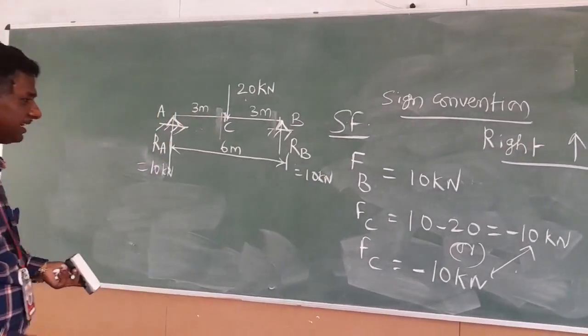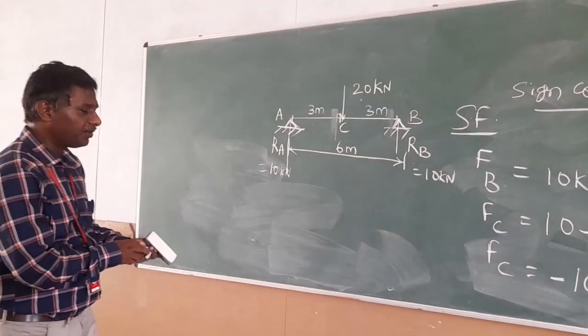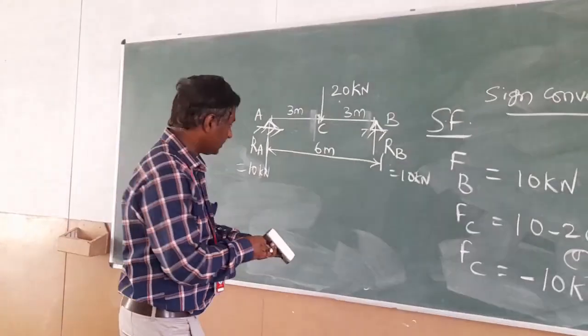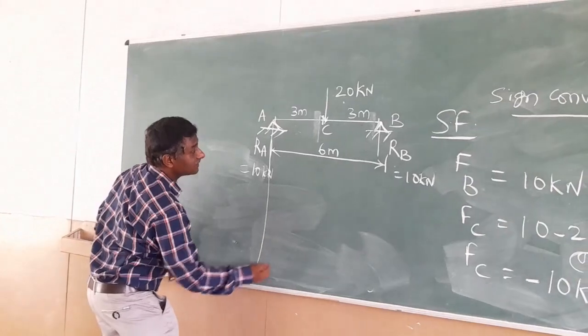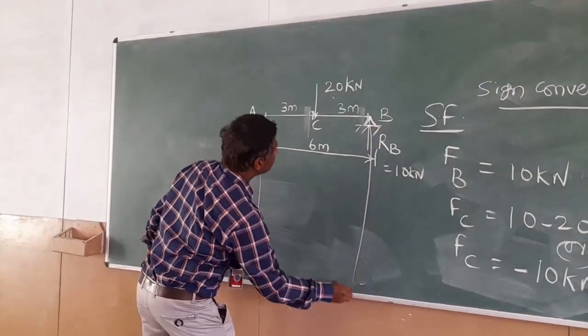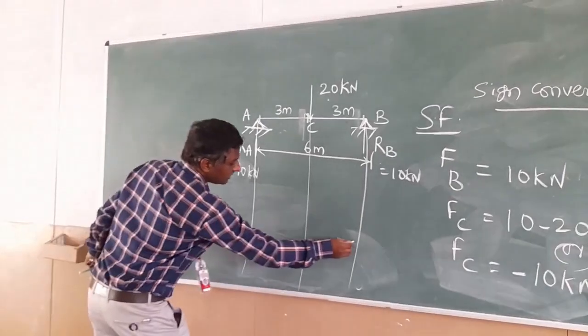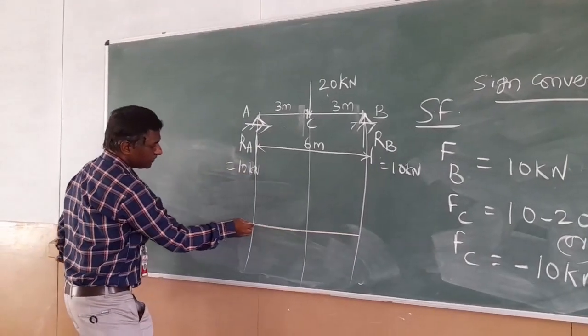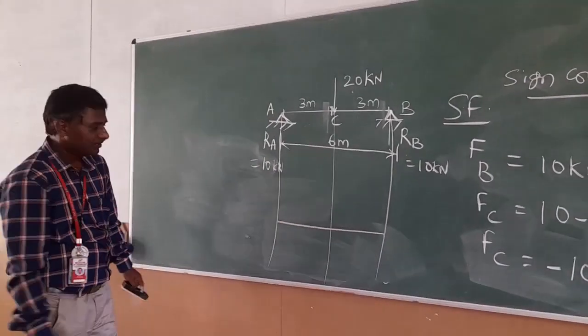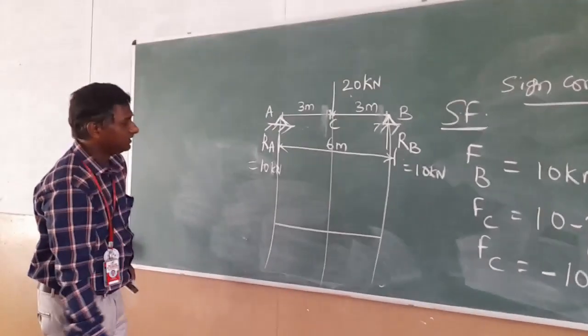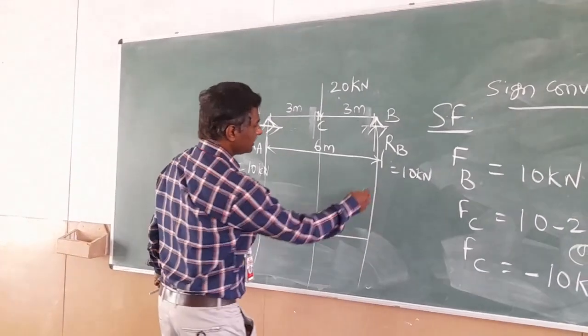According to these shear force values, now we are going to draw the shear force diagram. Just extend this line and draw the neutral line. That is the zero shear force line. On this zero shear force line, just mark the values.